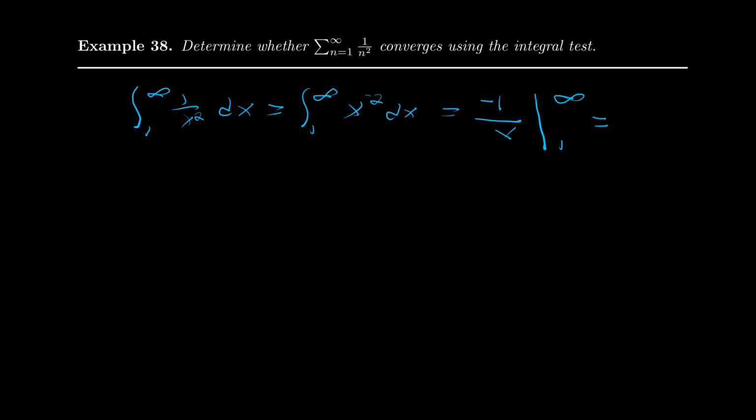So then you can think of that like negative 1 over infinity, which is 0, minus negative 1, which is 1. So then this whole thing is going to converge.